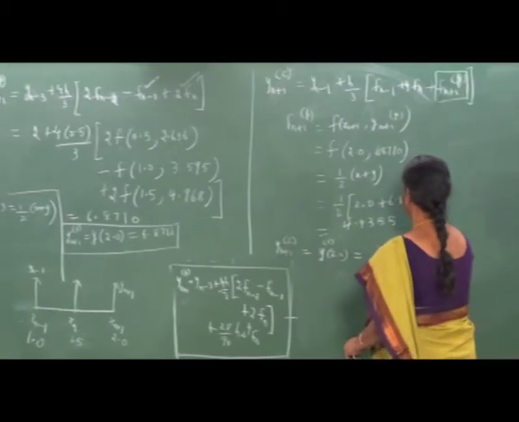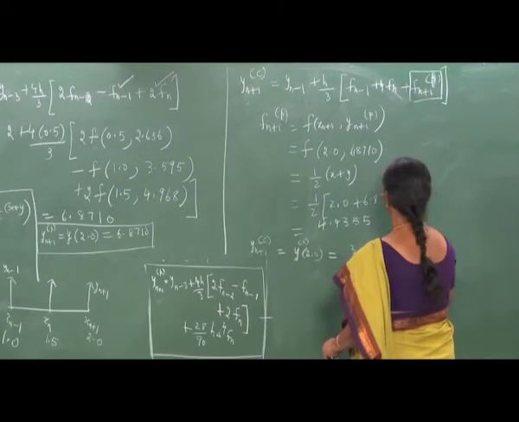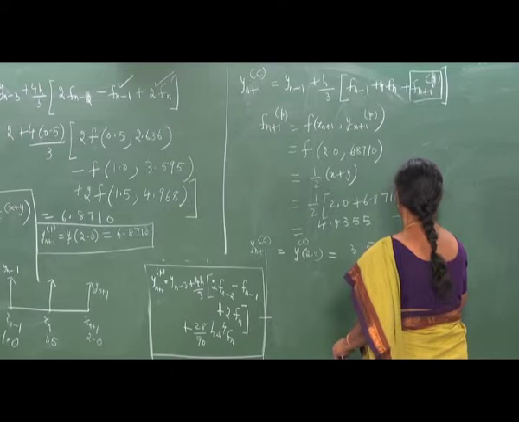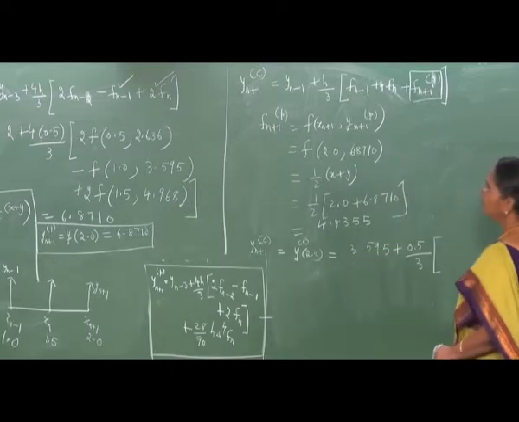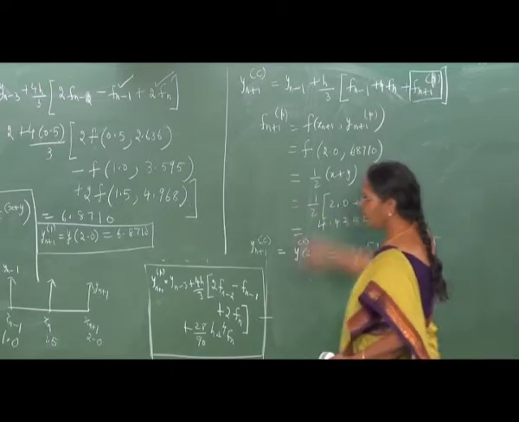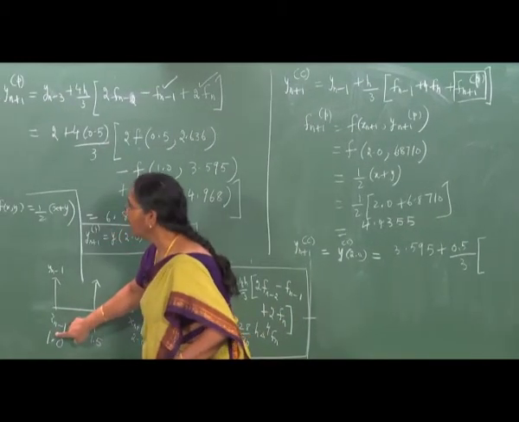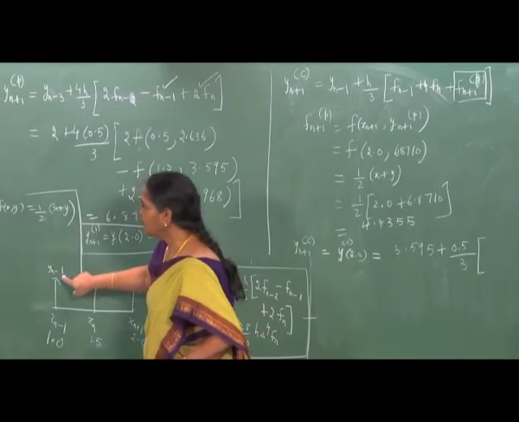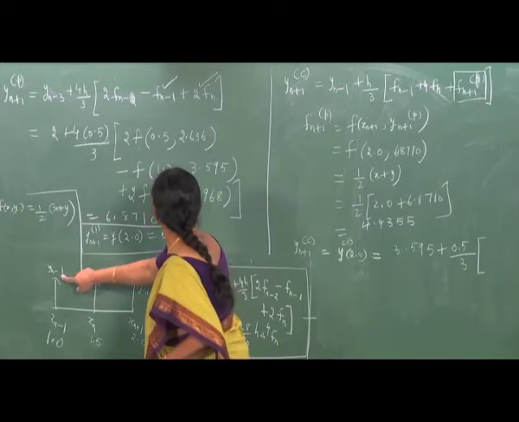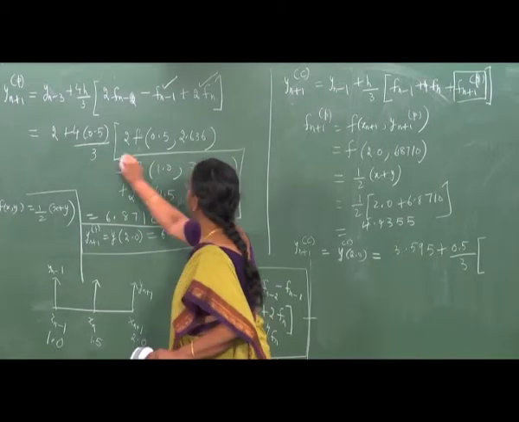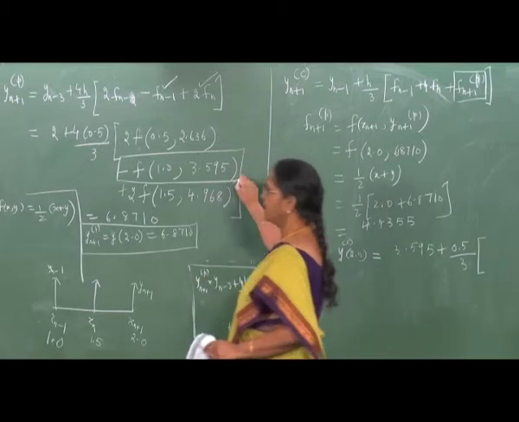3.595, then plus h, that is 0.5 by 3 into what is fn minus 1? It is f of 1 comma yn minus 1, that is 3.595, namely the value that you have obtained here.